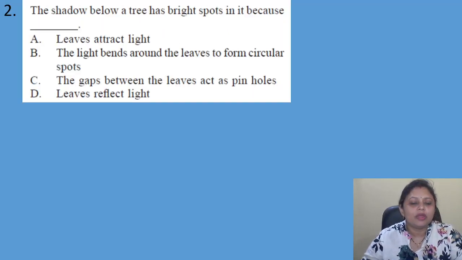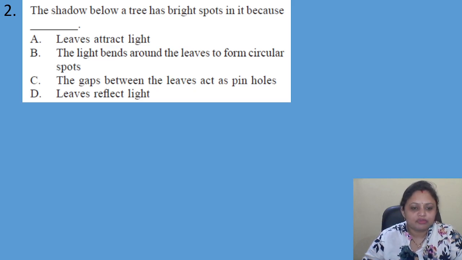Coming to the next question. The shadow below a tree has bright spots in it because dash. Option A, leaves attract light. B, the light bends around the leaves to form circular spots. C, the gaps between the leaves act as pinholes.